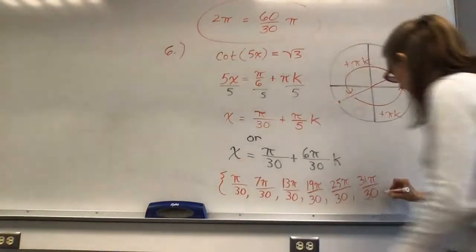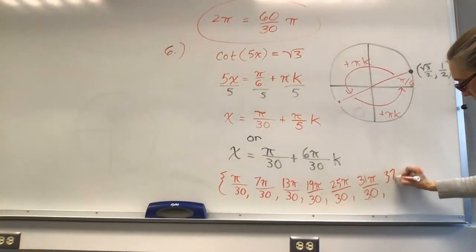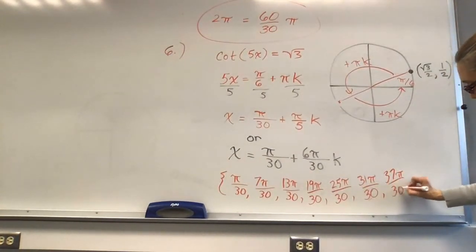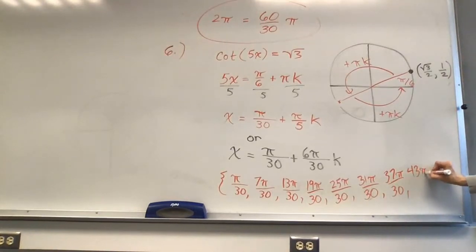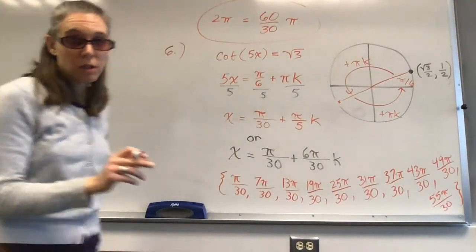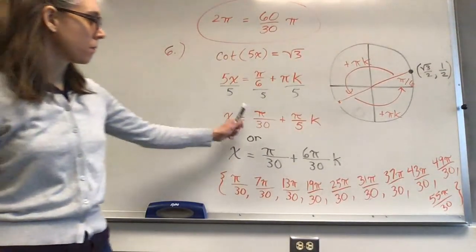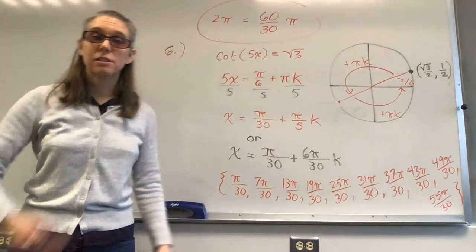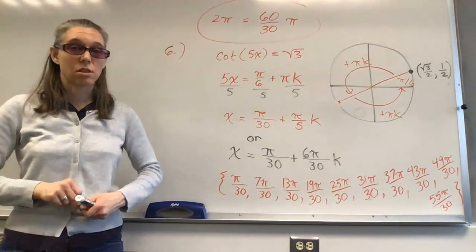So keep adding 6: 37 pi, 43 pi, 49 pi, 55 pi. Now, if you add another 6 onto 55, you end up at 61. And 61 over 30 pi is coterminal with pi over 30. So at least you know you didn't make a mistake in your addition there.